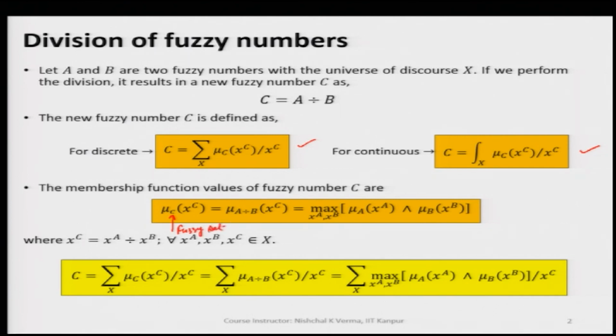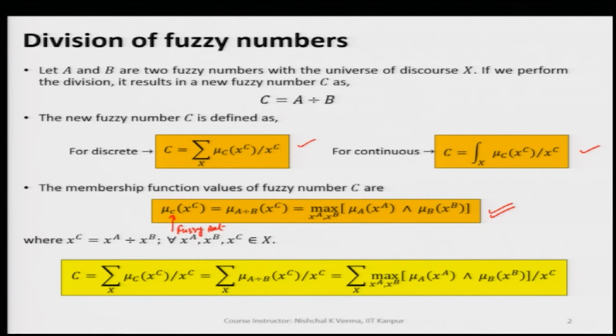The membership value of this fuzzy set corresponding to x C is designated as mu C of x C, and this is equal to mu A divided by B of x C, which is equal to max of min of mu A of x A and mu B of x B, where this x C is nothing but x A divided by x B.